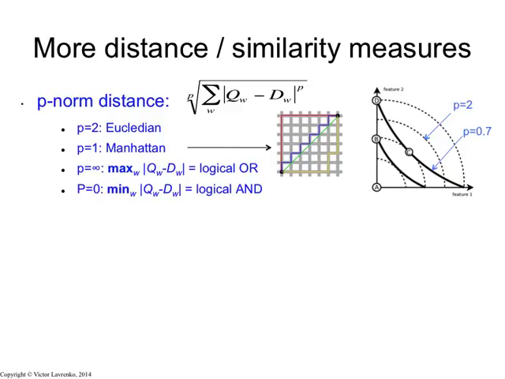Euclidean distance doesn't see a difference between B and C. As far as Euclidean distance is concerned, whether you have a significant deviation on one word or on 2 words, it's about the same thing. That's B and C. P of 0.7 makes it dramatically different. It says that if you have deviation on 2 words simultaneously, that's a lot different than having just a single word difference with the other word being identical. So by playing around with p, you can get very different distance functions that can sometimes be useful in some applications.